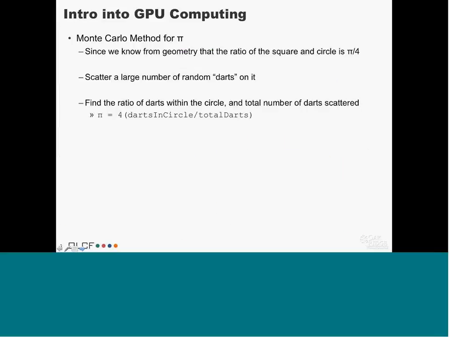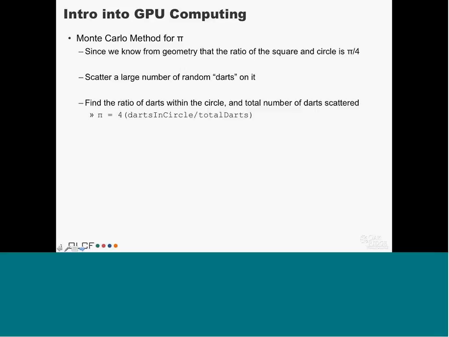The sample code I'm going to be using here is just a very simple Monte Carlo operation to estimate pi. We know from geometry that the ratio of the circle of radius 1 to the square is pi over 4.